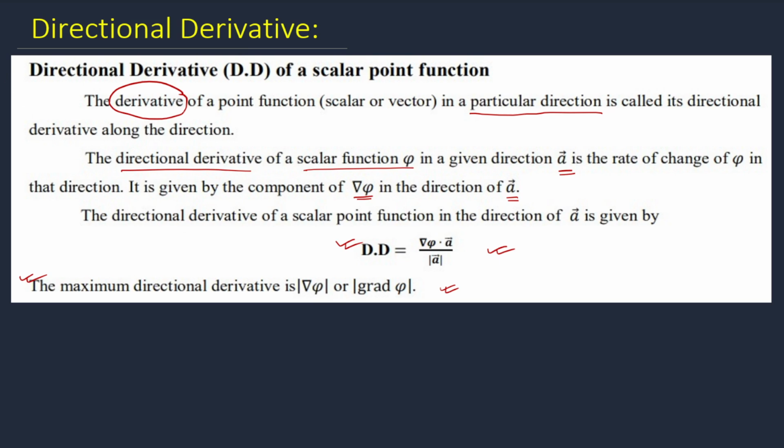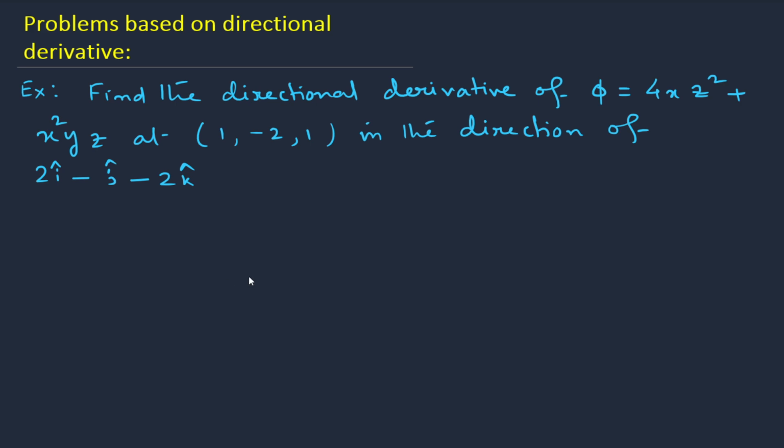Now let's see the problems. Problems are very simple. This is our first problem. Find the directional derivative of the function phi, where phi is 4xz square plus x square yz, at the point 1, minus 2, minus 1, and the direction is given here.